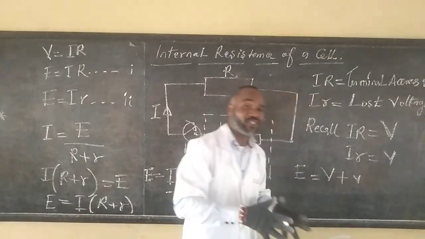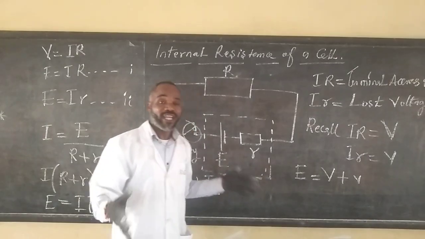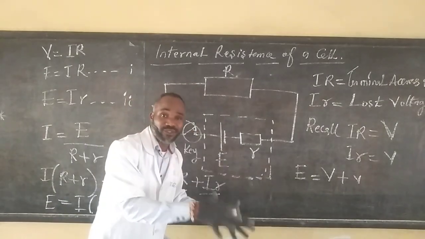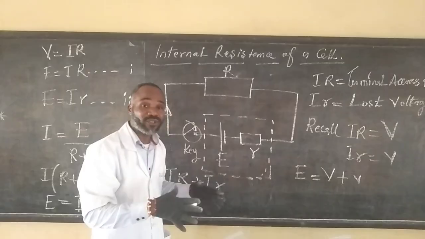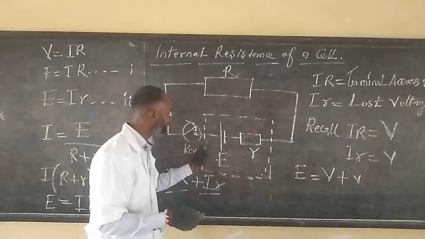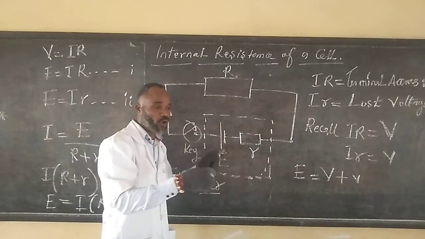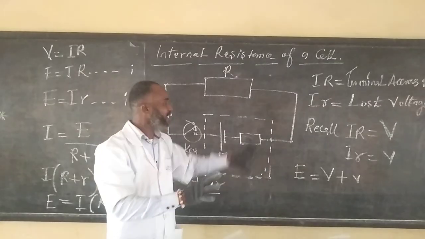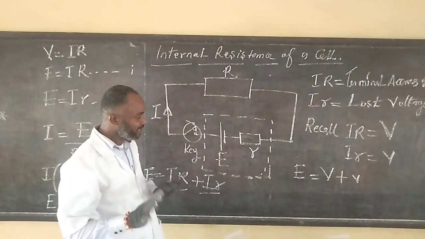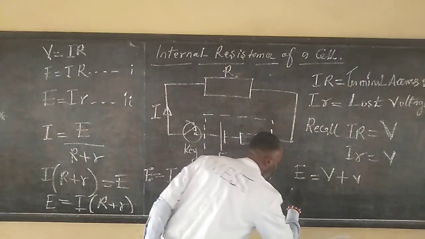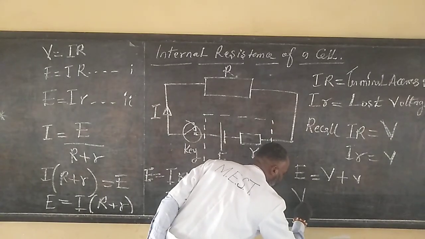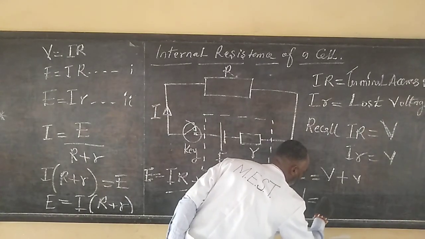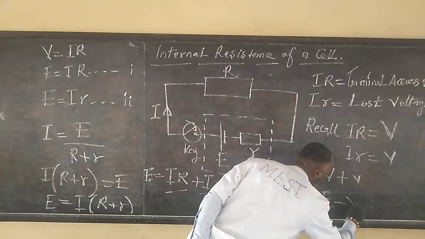That is why the current is not full. That is why the current is reduced. The circuit is not giving full current because the internal resistance opposes the flow of current in this circuit. Once that is well understood, we can make capital V the subject here, and we have E minus small v.